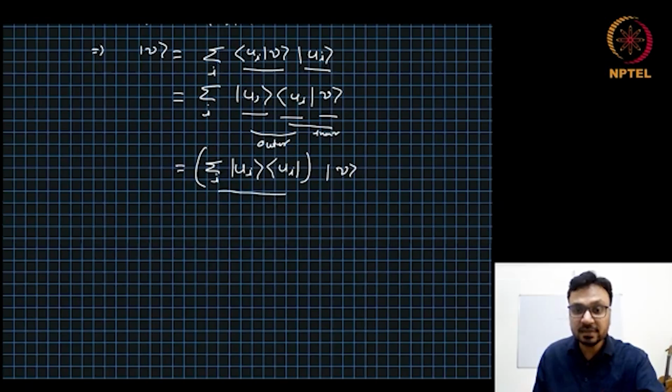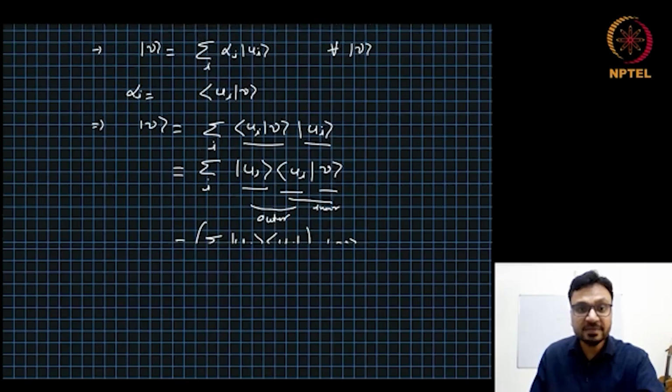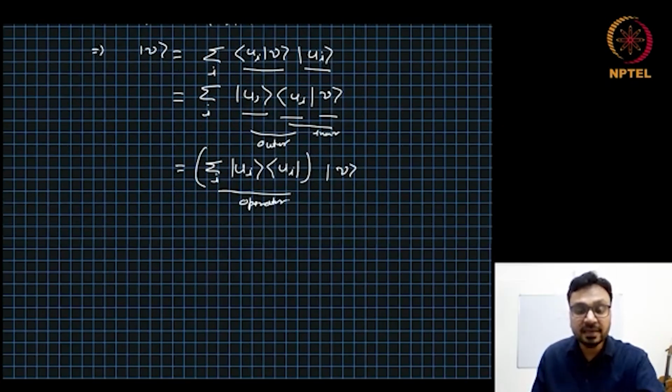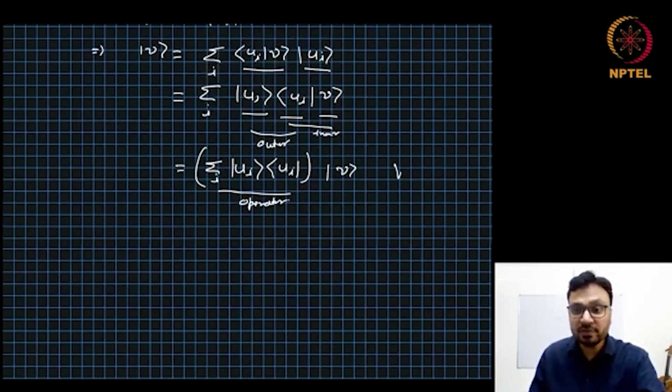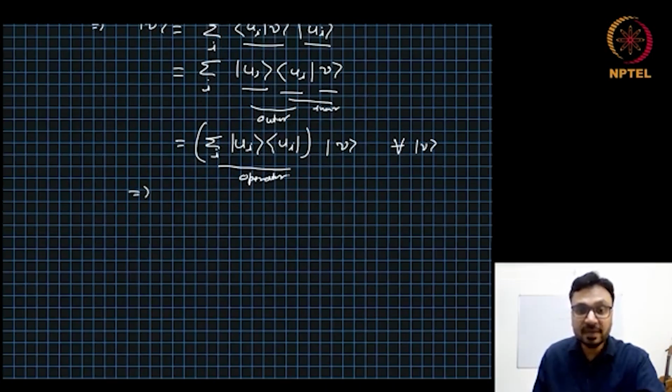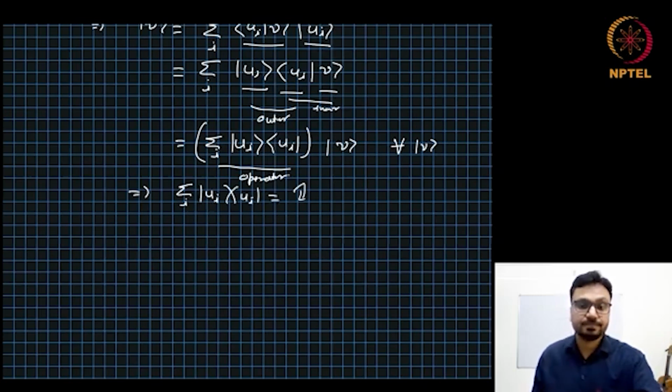Now you see, this is an operator, and we have rewritten this equation as an operator acting on the original vector V. So this is true for all the vectors V. So this implies that the sum over i of ui ui must be equal to identity.